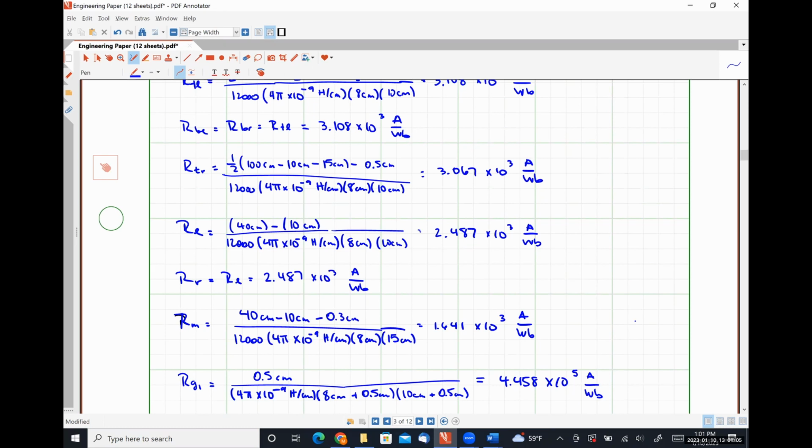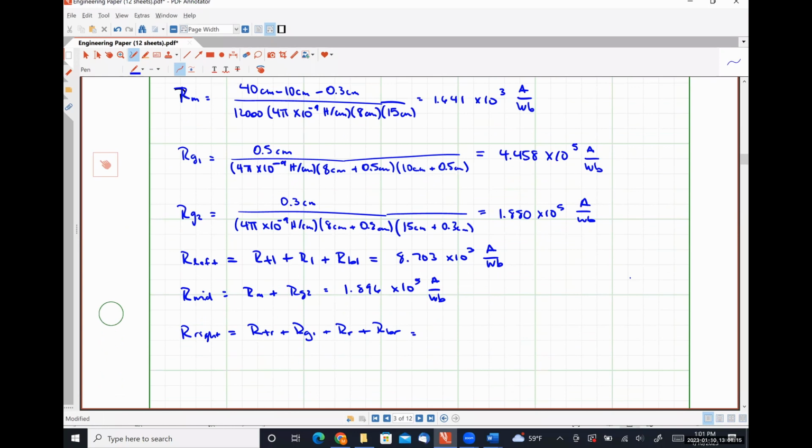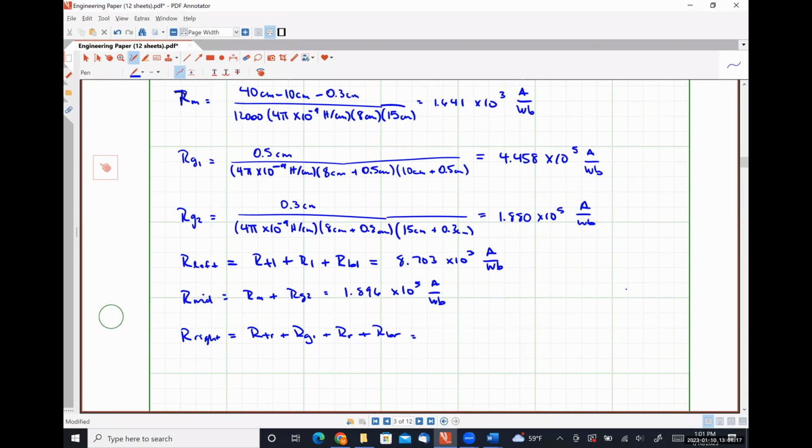R bottom right 3.108 times 10 to the 3. And I get 4.545 times 10 to the 5 amps per Weber. Yeah, the other ones are so small, they really don't do anything.